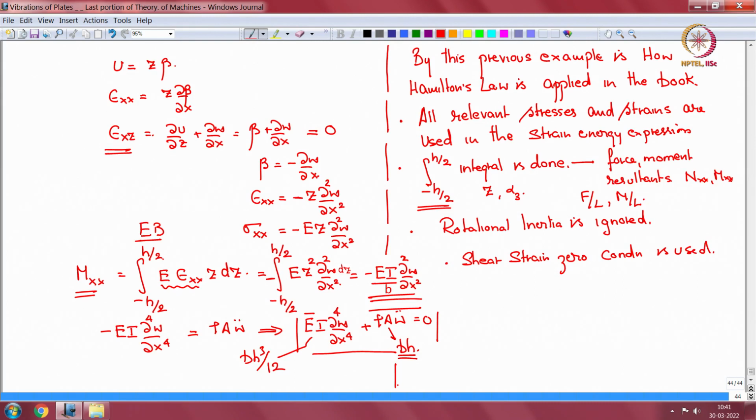So you can see that even though the shear strain is 0, the integrated effect of sigma xz, which is qxz, is not equal to 0. So that is the inconsistency.